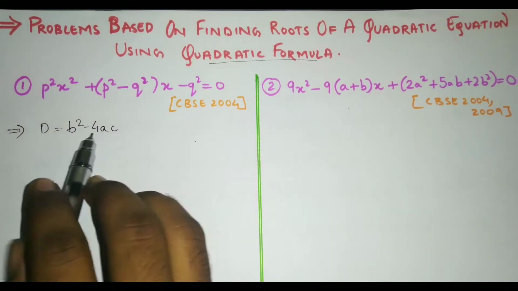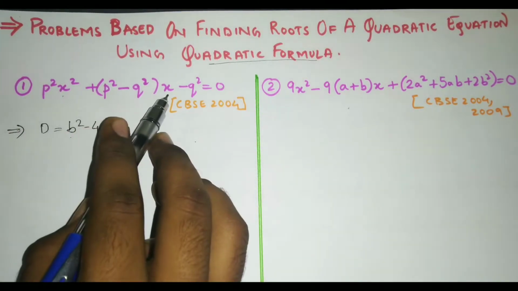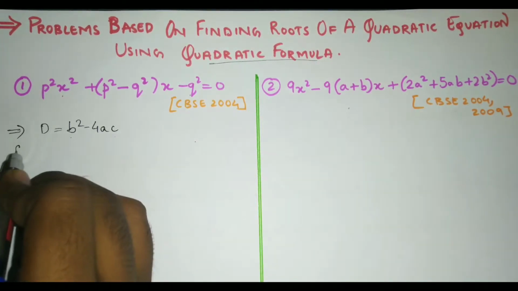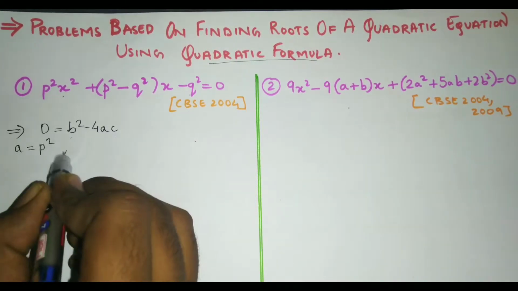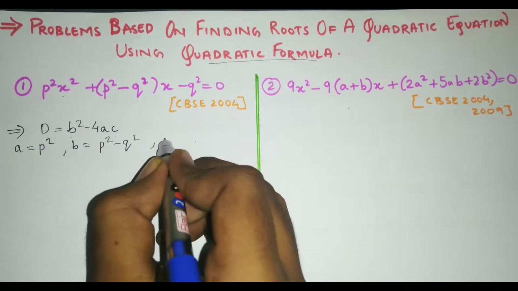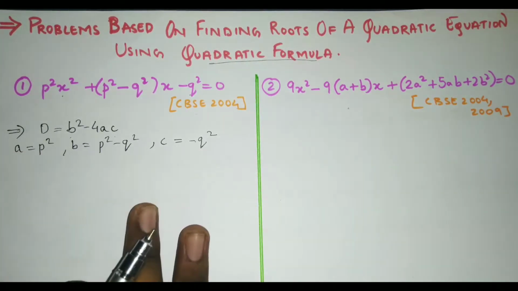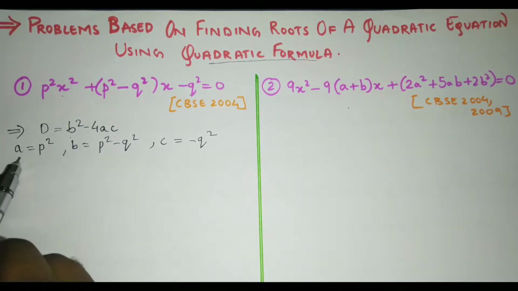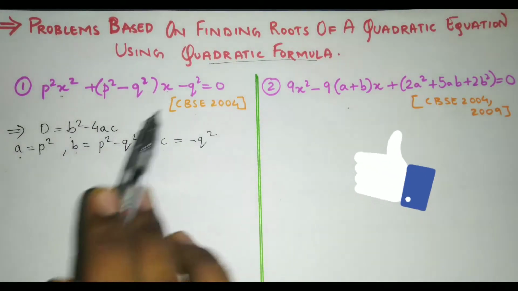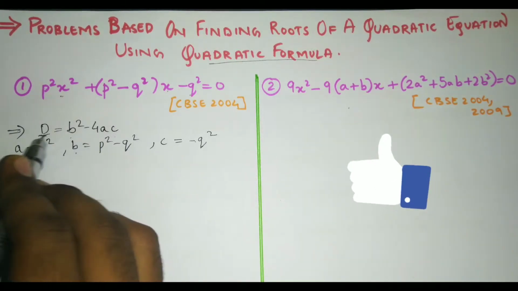A is nothing but the coefficient of x square, b is the coefficient of x, and c is the constant term. So a here is p square, b here is p square minus q square, and c equal to minus q square. These are the things you should understand. Now apply this to find the D value.